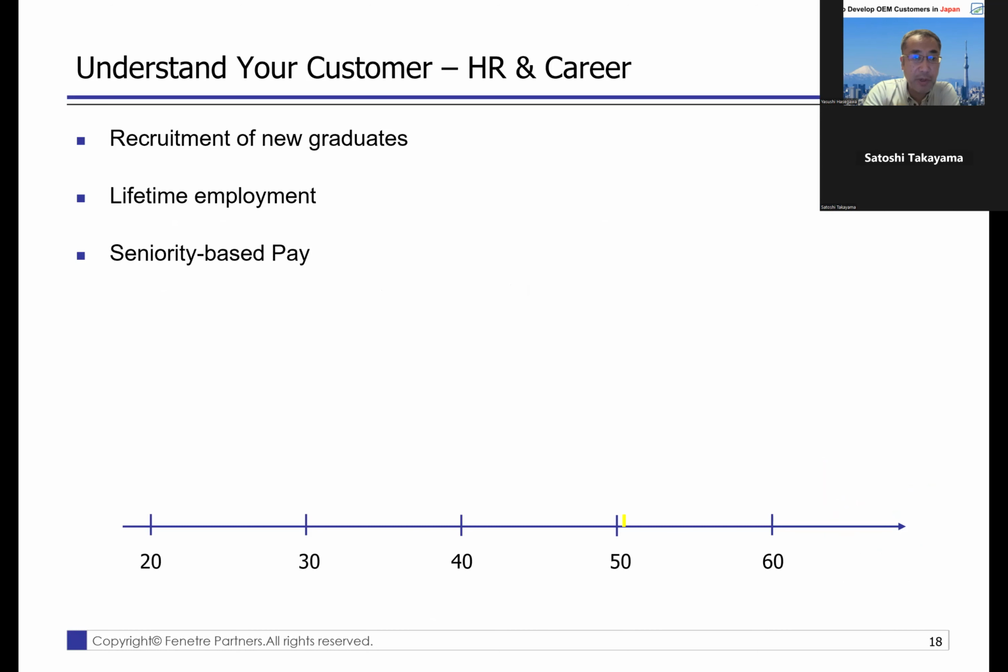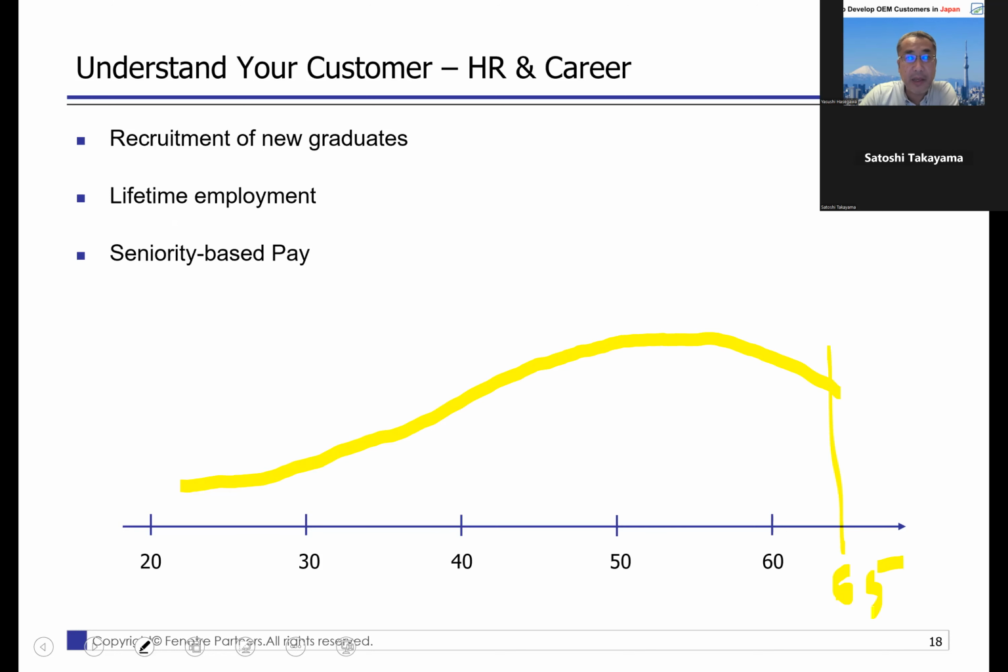Usually, we are supposed to enter a company as a new graduate at the age of 22 or 23, and the salary gradually increases like this, and at some point, it will start declining. And most Japanese companies have a retirement age of 65 nowadays. And the problem is that this salary is decided on how many years you have spent with the same employer.